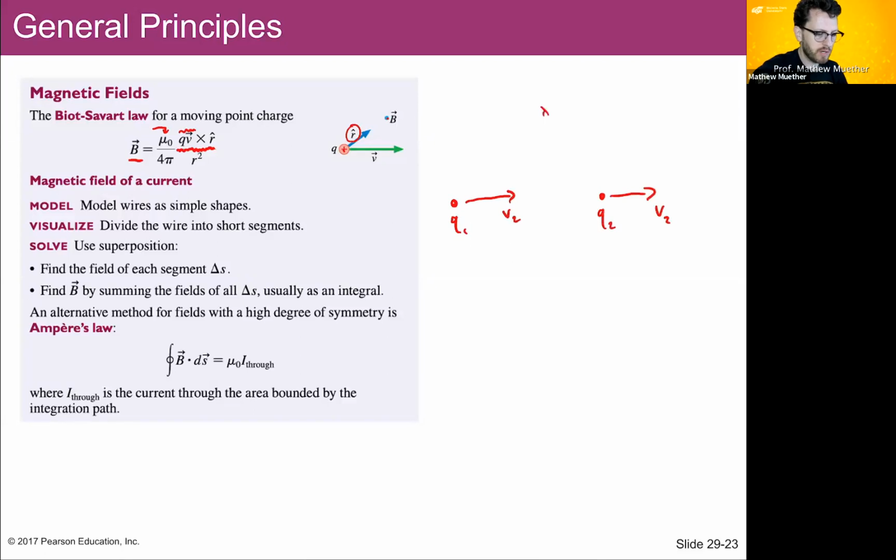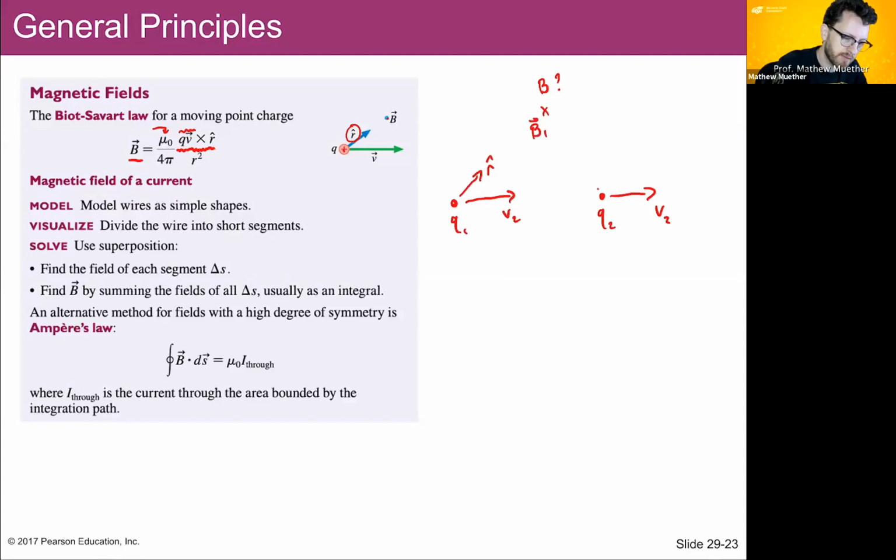I want to know what the magnetic field looks like at this point in space. Well, I could find the magnetic field coming from particle 1. I could define an R hat vector and use the Biot-Savart law that we see on the left-hand side here, and calculate a magnetic field coming from object 1.